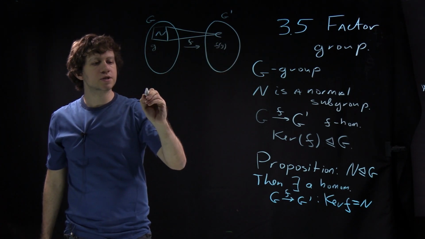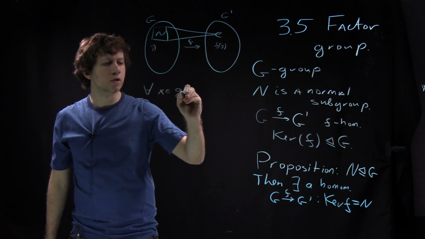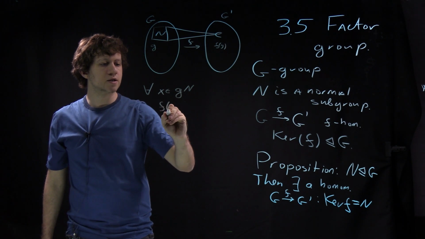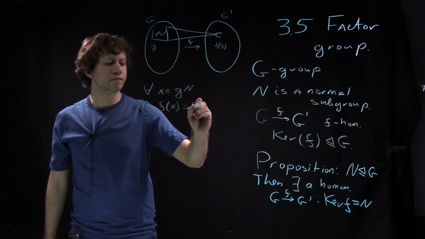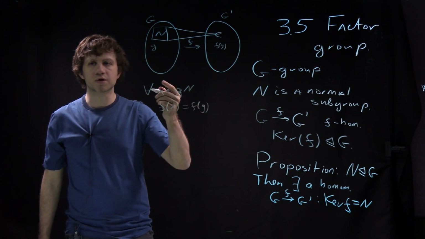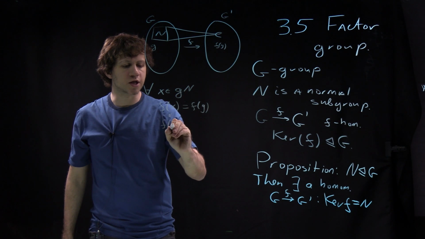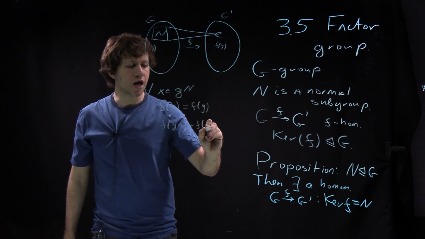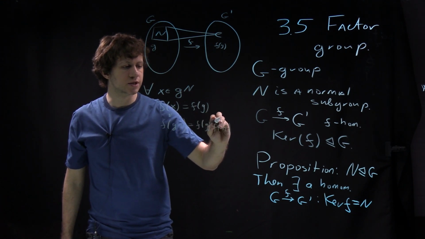And then it's easy to see that for every element x inside the coset gN, F of x is equal to F of g. I mean, because F of x equals F of g times some element n in N, which is equal to F of g times F of n, and the second one is the identity here. So this is e.